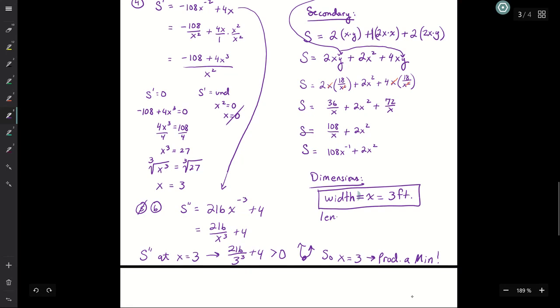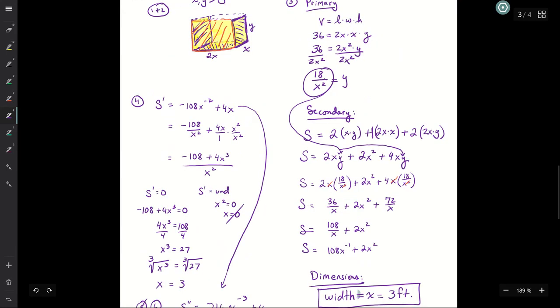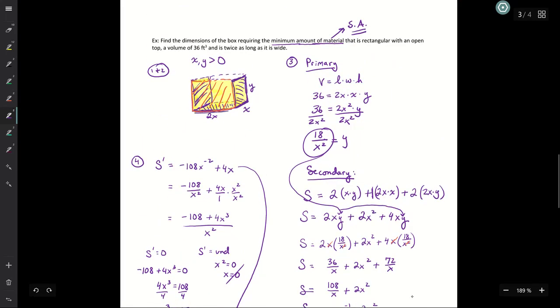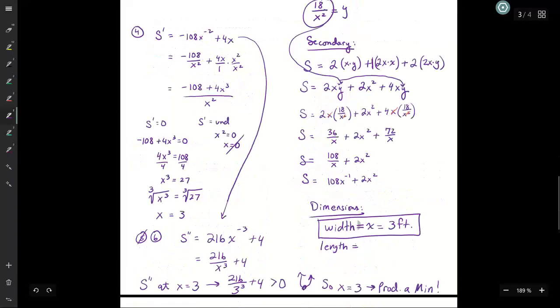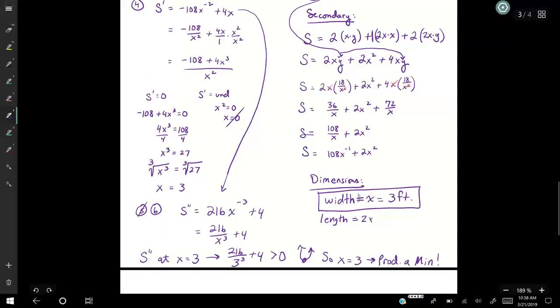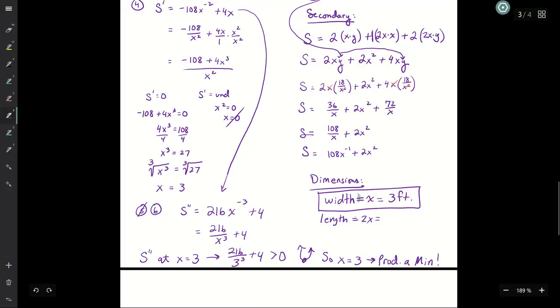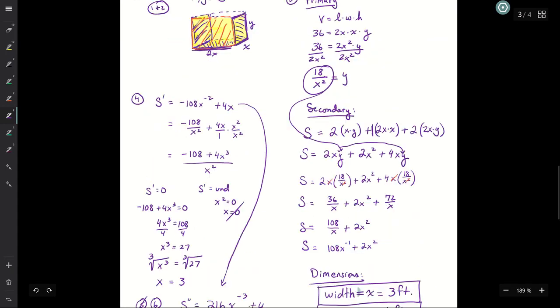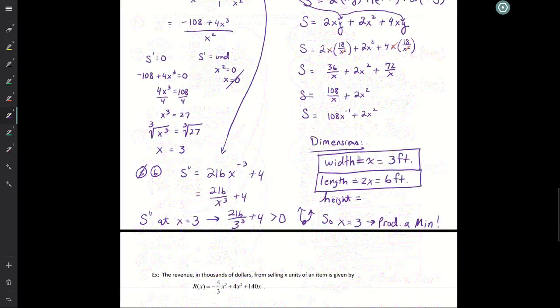The length, going back up to check to see what would make sense for the length, I believe that would be the 2x along the front side. So 2x, because x was 3, 2x would end up being 6. So there's the length. And then our height is the only thing we have left. The height would be the y value.